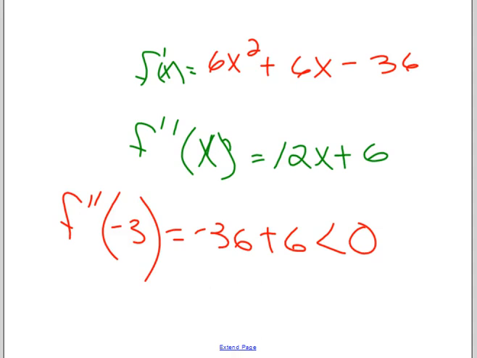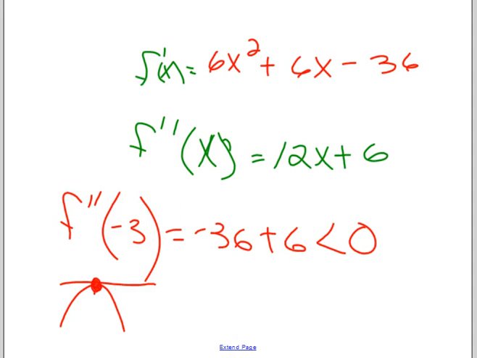F is concave down. So if the first derivative is 0, which means I have a horizontal tangent, and the graph is concave down, that point is a max.